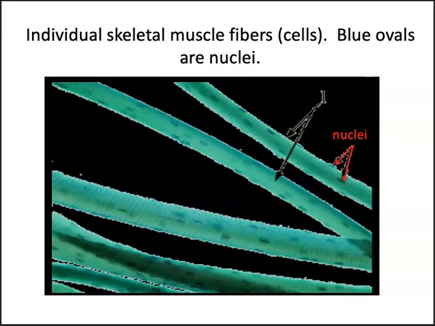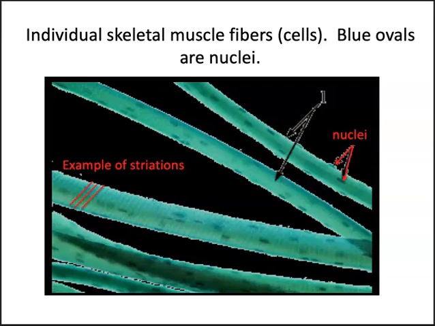And the blue ovals that you see scattered throughout the green, each of these little blue ovals is a nucleus. This is just one cell right here, and it has tons of nuclei all along the length, showing you that we have multiple nuclei in each skeletal muscle fiber, skeletal muscle cell.